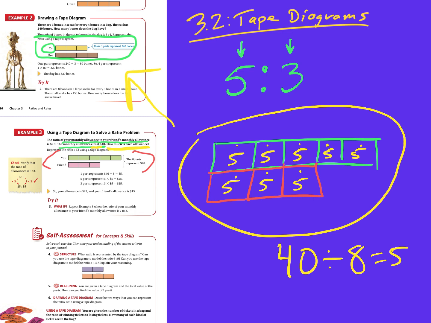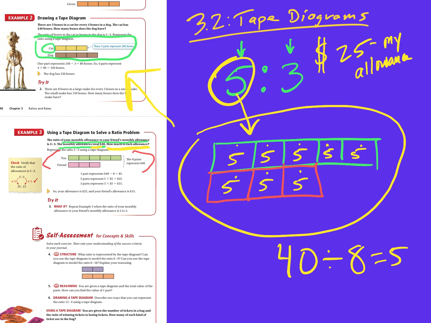So that means that your allowance is going to be the total green. So 5 times 5, so $25. You're going to say my allowance equals $25. And then your friend's is going to be the total of the red, so 15.